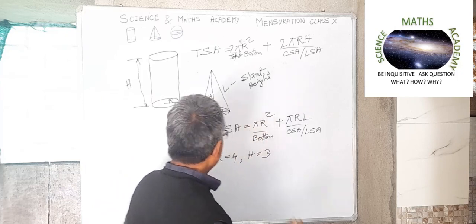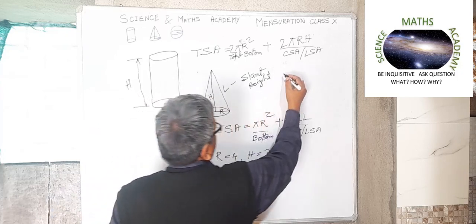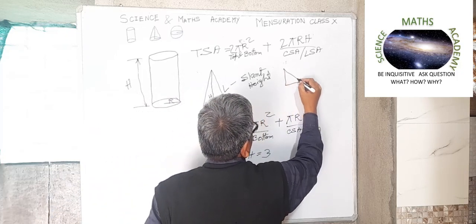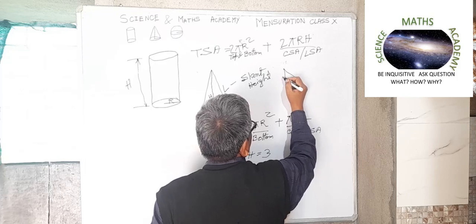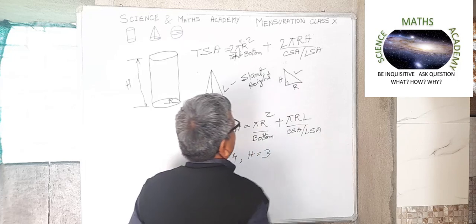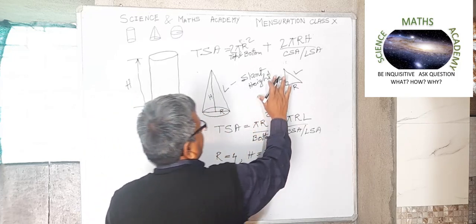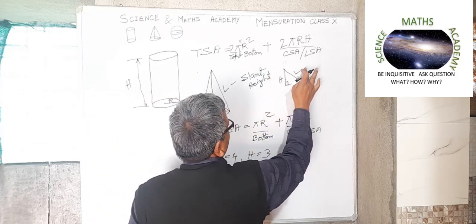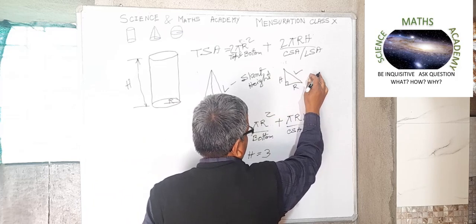What is the Pythagoras theorem? This is 90 degree, perpendicular height, this is height, this is r, this is l. The Pythagoras theorem is perpendicular square plus base square equal to hypotenuse square.